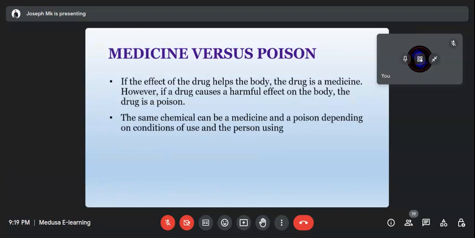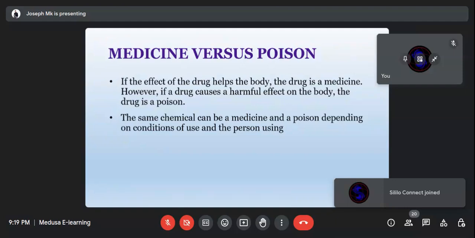Once you take it, you vomit. Once you take it, maybe it causes an organ failure. We can't call that one a medicine or a drug because it has now changed. It becomes a poison. It becomes poisonous to your body, so it does not help your body in any way.